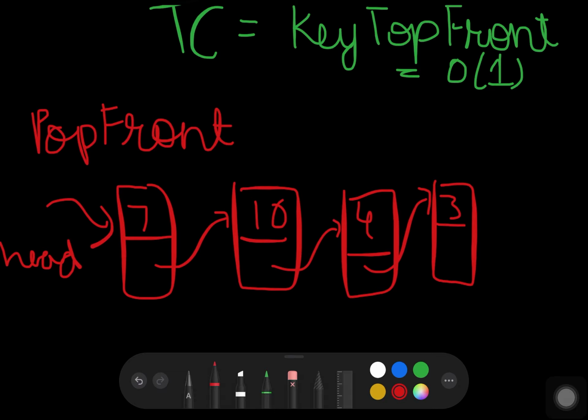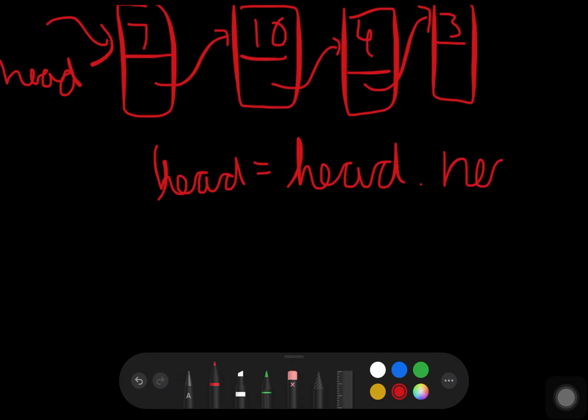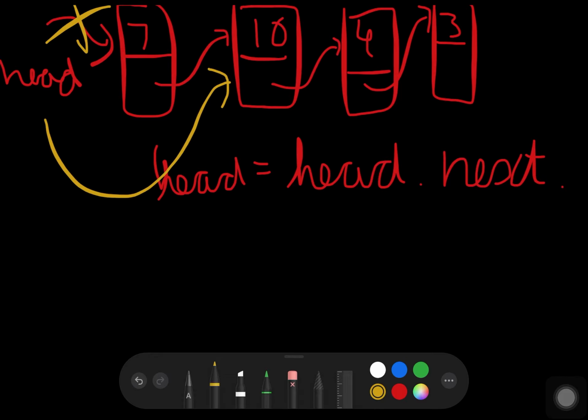So it is very easy to remove the first element or pop the first element. All we have to do is write head is equal to head dot next. That is, the head will now point not to this but to this, 10.